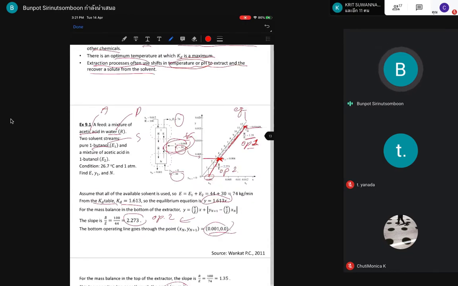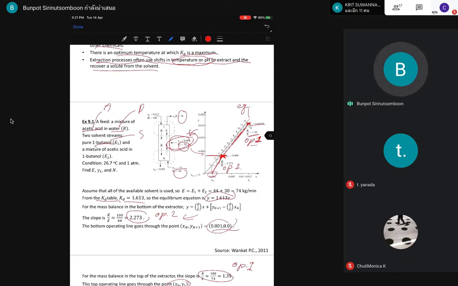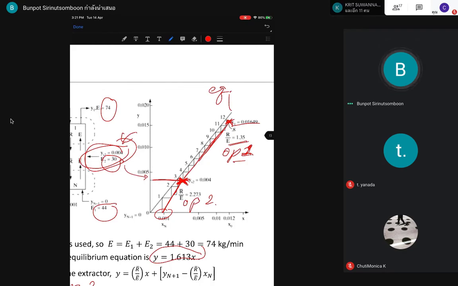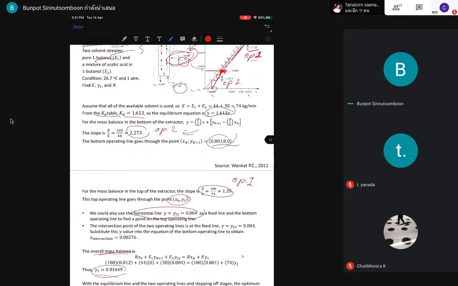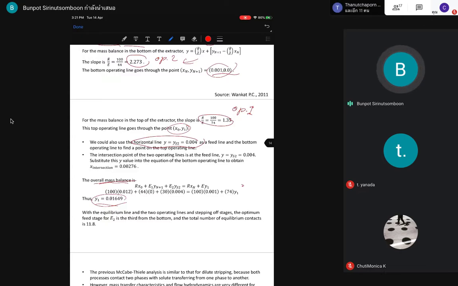And once you draw these two lines, operating line OP1 and operating line OP2, then you can draw the steps and get that the equilibrium contacts is about 11.8, which is almost 12. So that's how you do it.